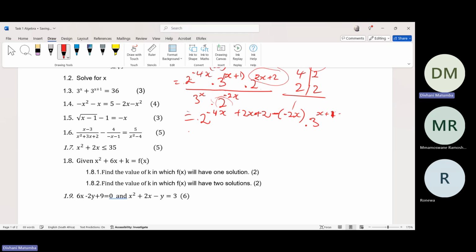Then minus x. This will be minus 4 plus 2. It's going to be 2 to the power of minus 2x. Am I right? No, it's not going to be minus 2x. This one will be a plus. Yes. So the x's will actually cancel.